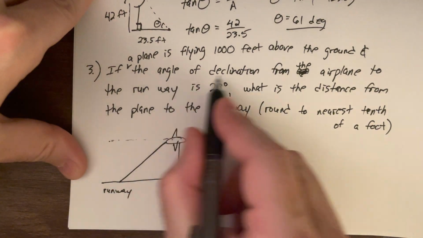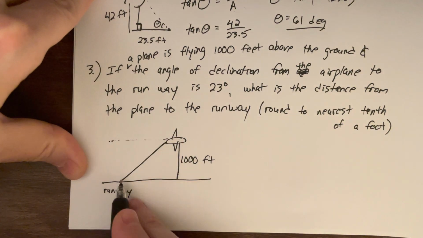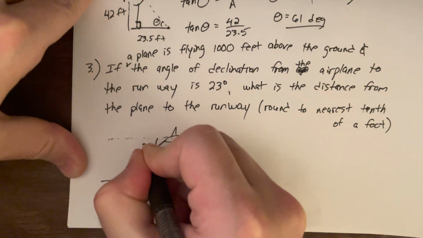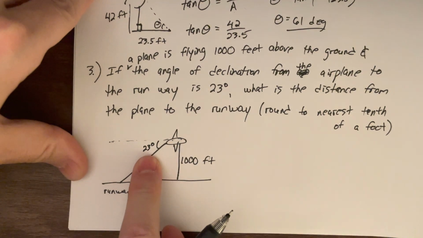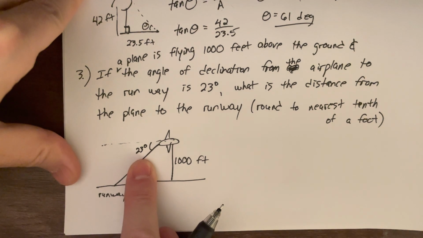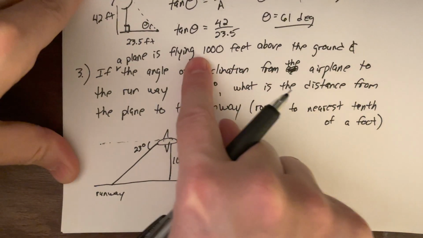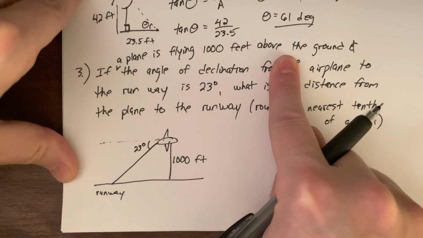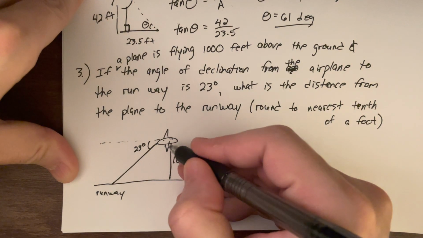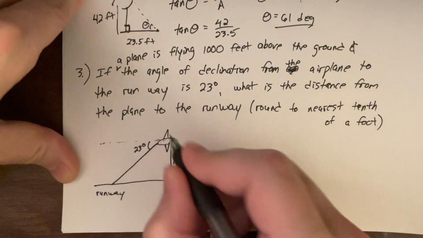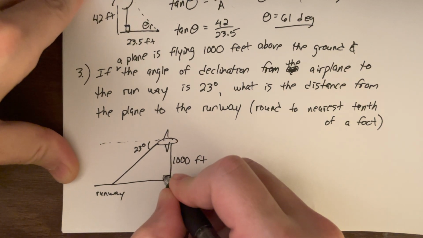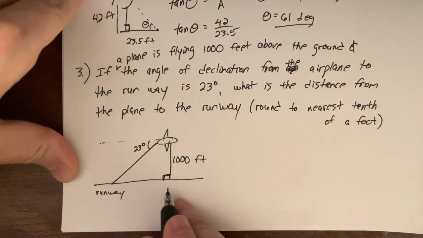So the angle of declination from the airplane to the runway, now we're looking at this angle, is 23 degrees. Okay, we still have a right angle. A little fact, if you don't know, whenever we talk about something above ground, what measurement are we talking about? It's always directly above ground. So that gives us our right angle here.